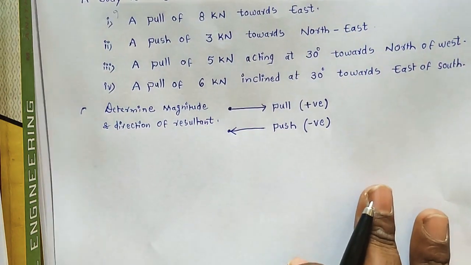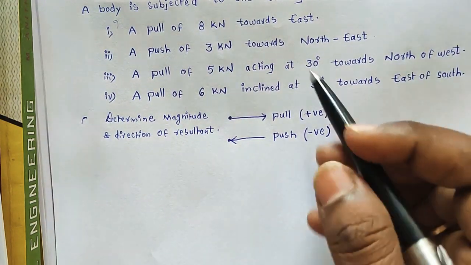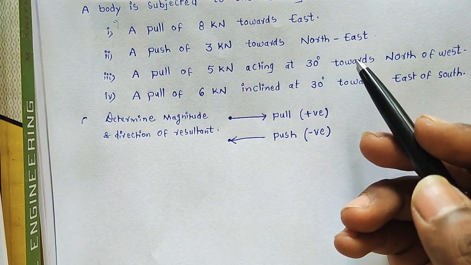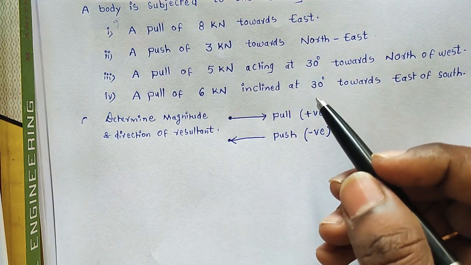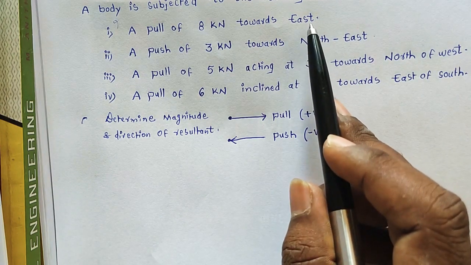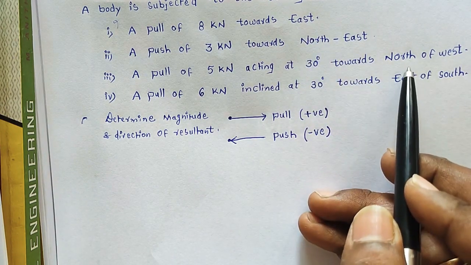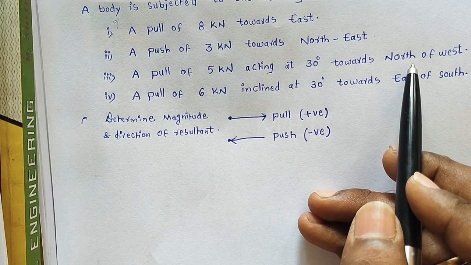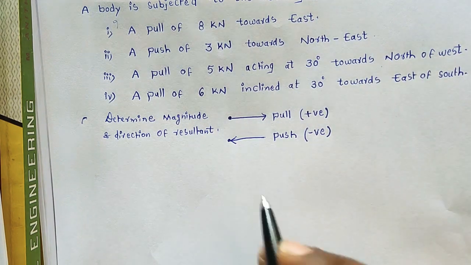Our goal is to find out the magnitude and direction of the resultant. For that, this data has been given. Using this data we have to draw how actually the various forces are acting. For that, first we should understand these different directions and the meaning of all of these.